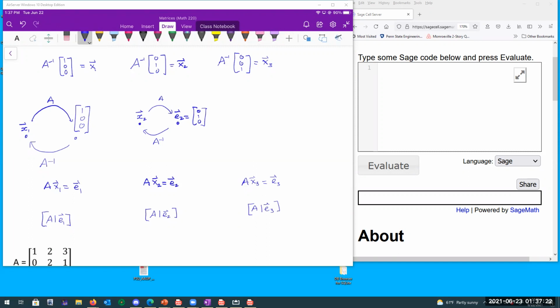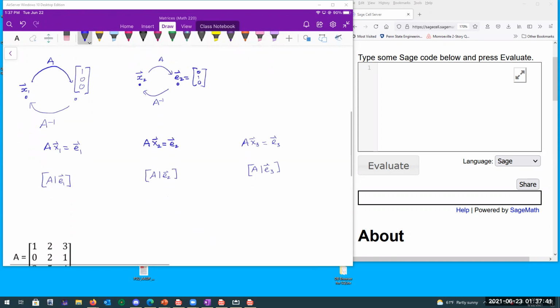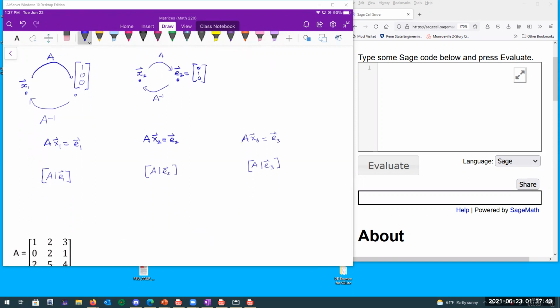And when we row reduce, we are going to find the identity matrix on the left, and we'll have X1 on the right, identity matrix on the left, X2 on the right, identity matrix on the left, X3 on the right. So rather than doing 3 separate calculations, what we do is instead we form what's called a superaugmented matrix.